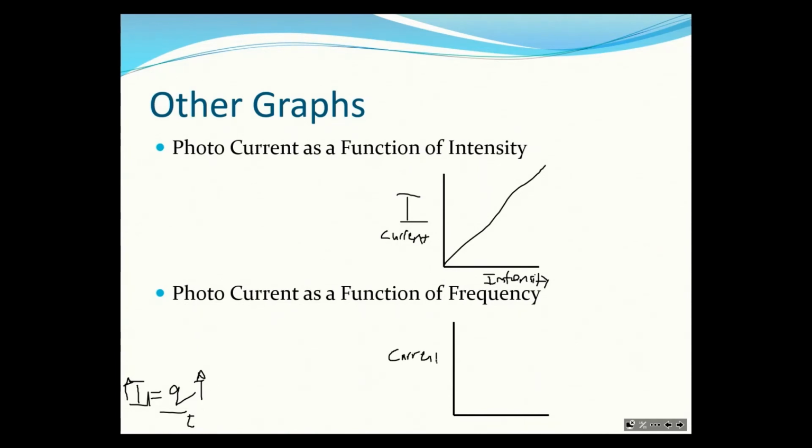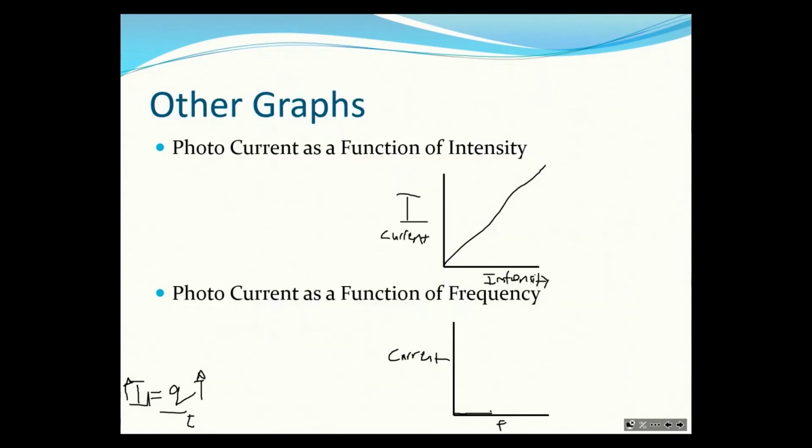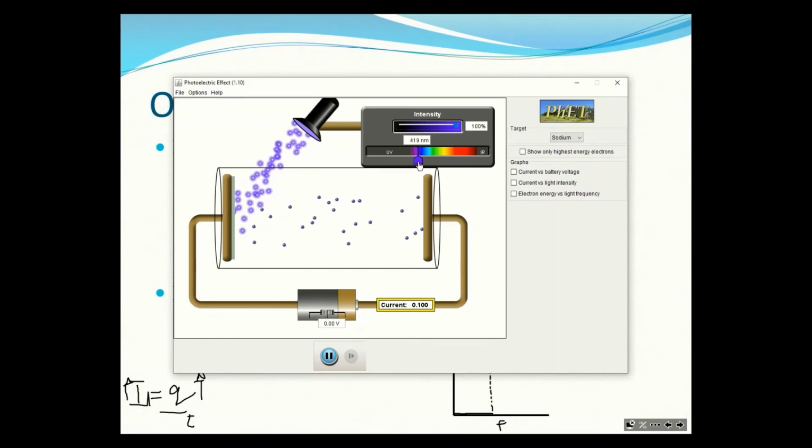This is current and this is frequency. We're going to see nothing, nothing, and then all of a sudden we hit that threshold frequency, and electrons are released. We see this spike, and all of a sudden we have a current when we hit that threshold frequency.